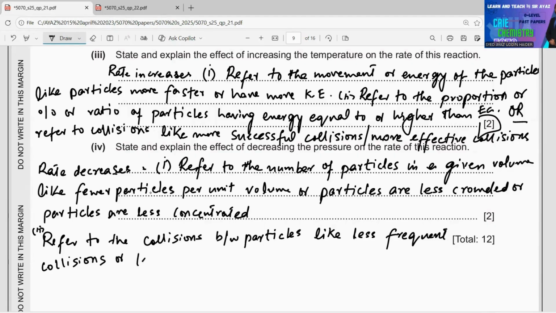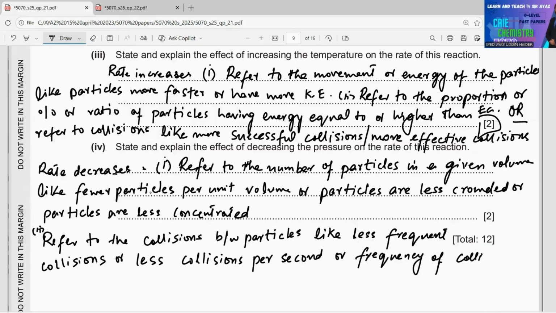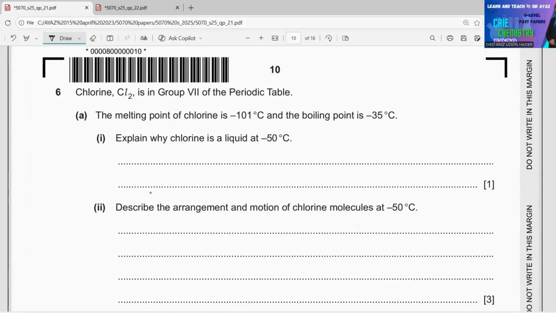Or less collisions per second. Or frequency of collisions is low. So you can write in this way in order to get full 2 marks.